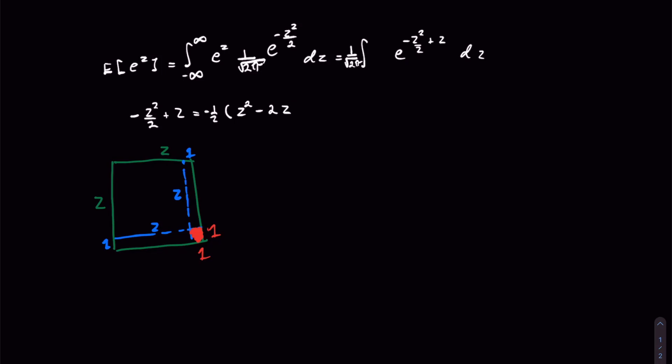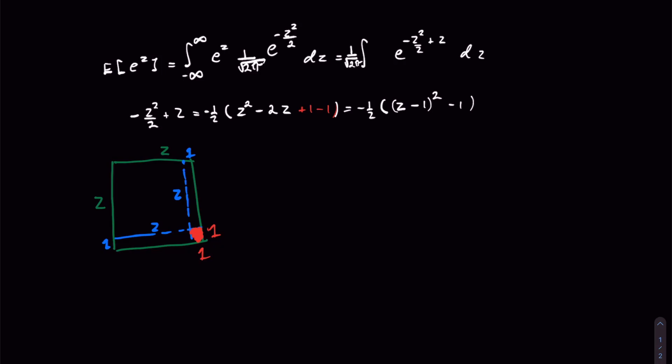So let's do that. Let's add plus 1 minus 1. Okay, and by that we have completed the square, so we are left with minus half, z minus 1 squared, and then there's a minus 1 in there.